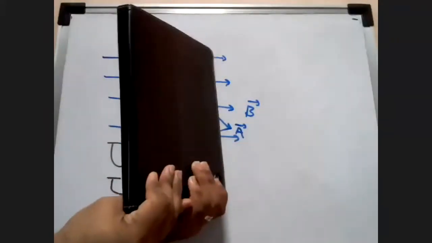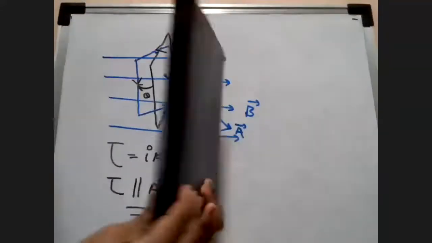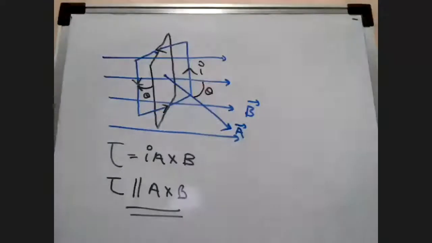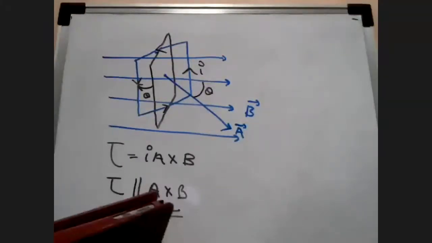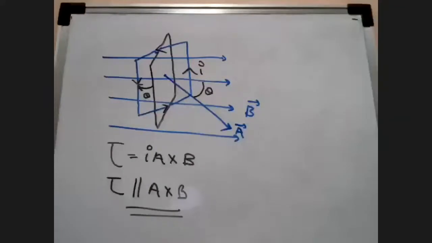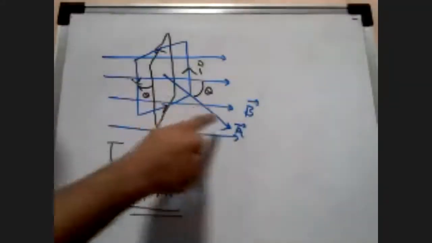Will the torque move it backwards or forward? Can you give me a response? So forward. It will move forward, students. Look here, because the area vector is here, the magnetic field is here.